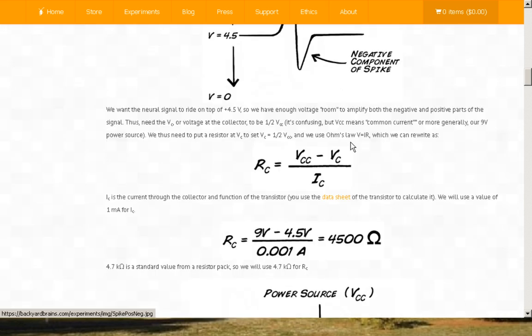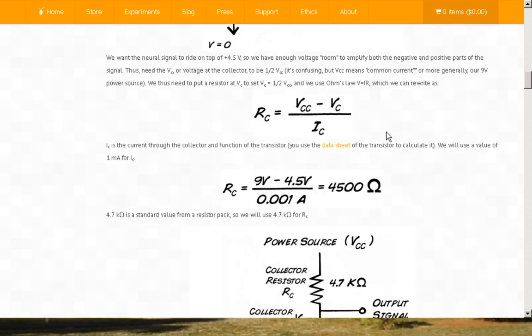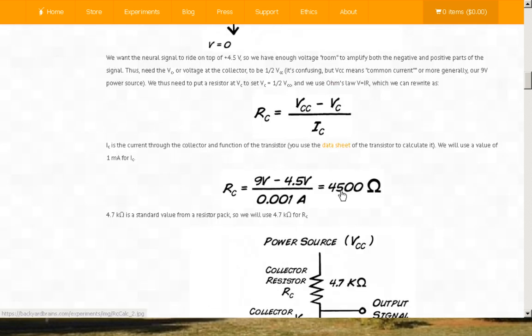Now he calculates the RC, which is the current resistor. That's this RC up here. He calculated that by taking VCC minus VC, which in this case I guess is 4.5 volts, and the current is 1 milliamp.